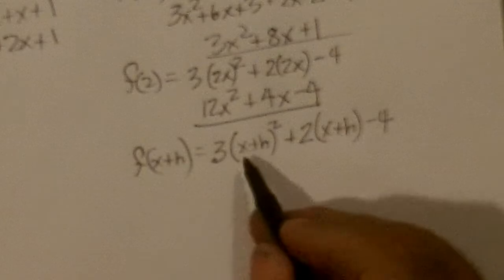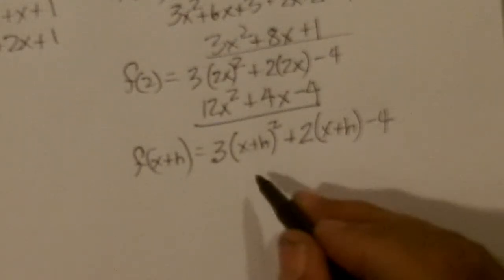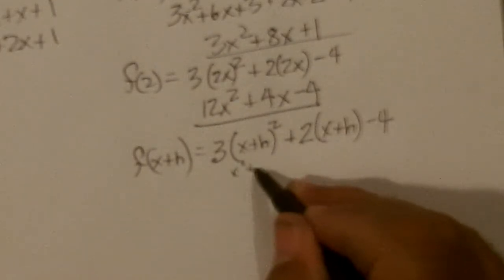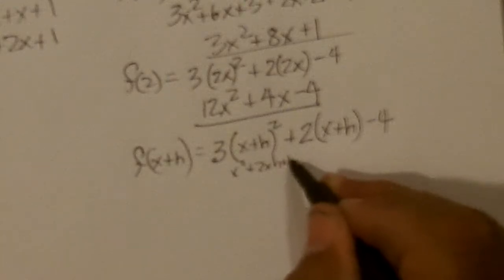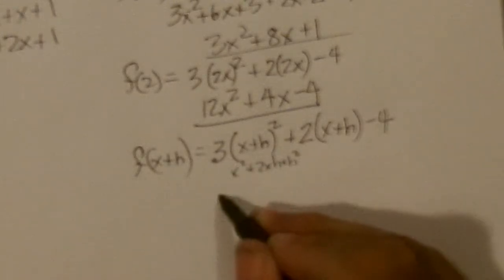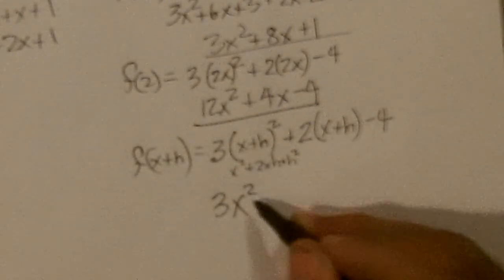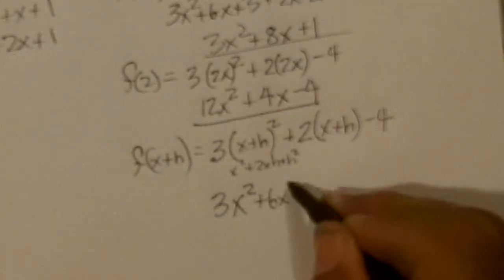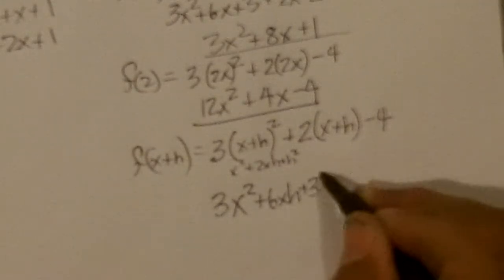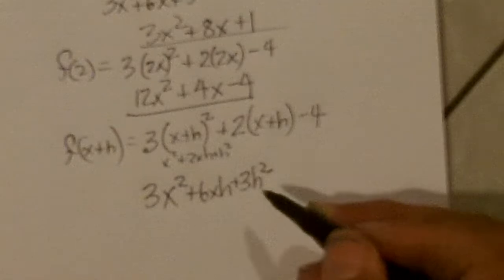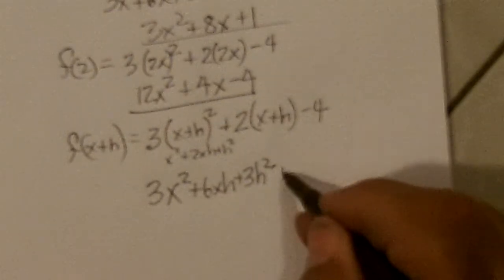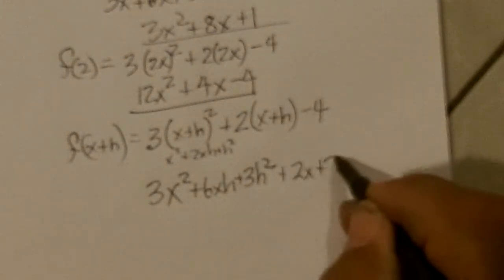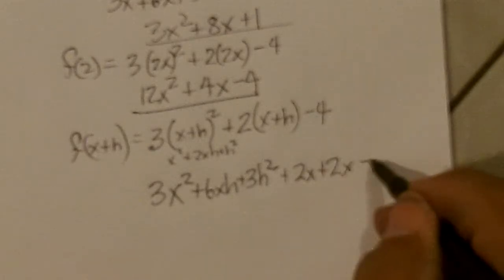I'll just write what that is. See, x plus h squared is x squared plus 2xh plus h squared. If I take that times 3, I get 3x squared plus 6xh plus 3h squared. 2 times x plus h is plus 2x plus 2h, and then the minus 4.